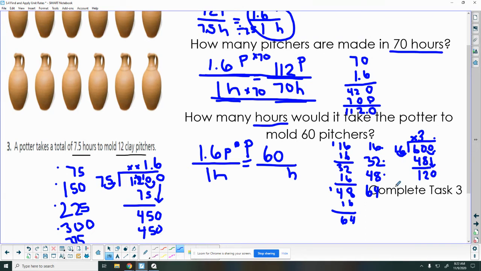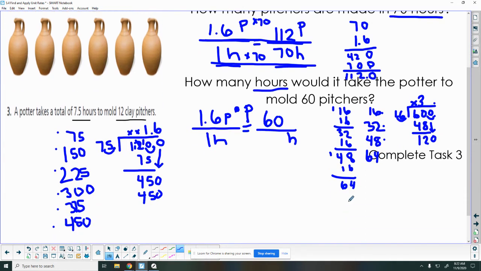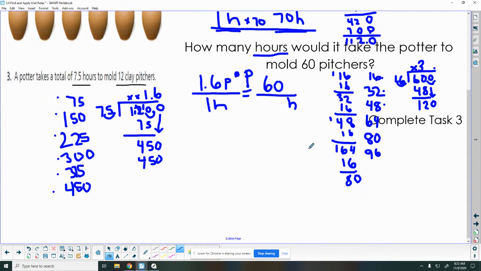So I'm at 16. I've got to 64. So let's keep on going here. So 16 more. There's 80. So 80, 16 more is 96. Then 96 plus 16 is 112.